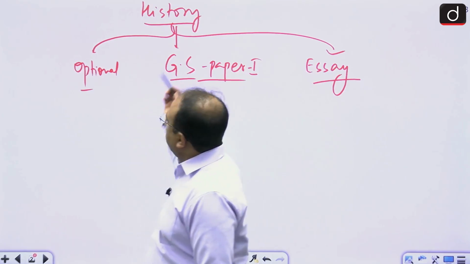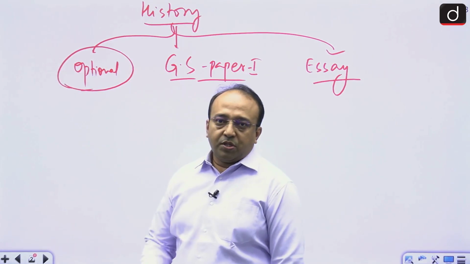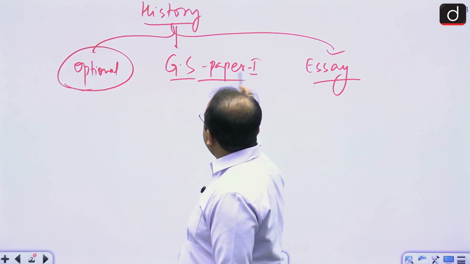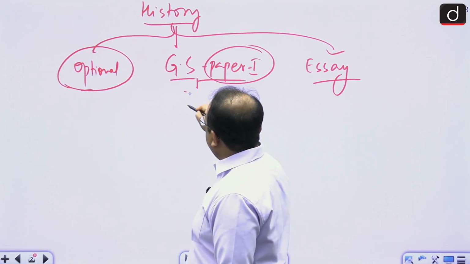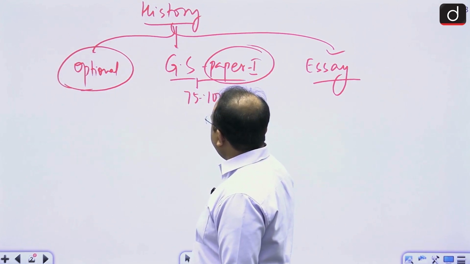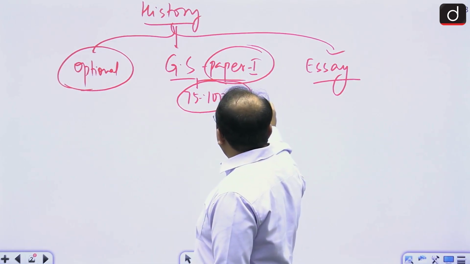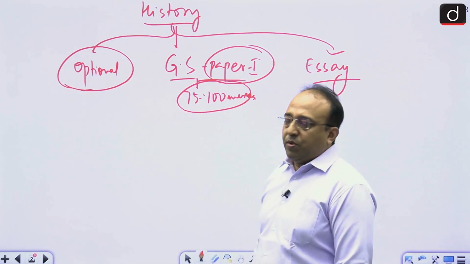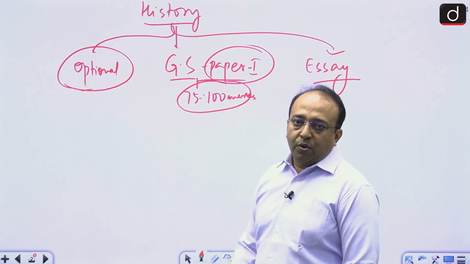So, history as a subject is relevant for the optional subject, that is one thing. Second, it is directly asked also in GS paper 1, somewhere between 75 to 100 marks. So, between 75 to 100 marks questions are asked to you directly in GS paper 1. So, there also history is going to play a very important role.